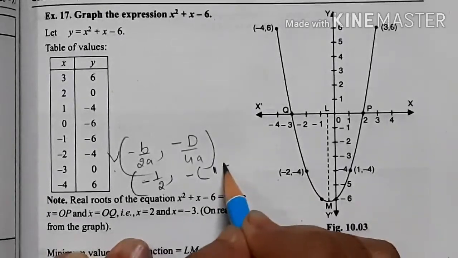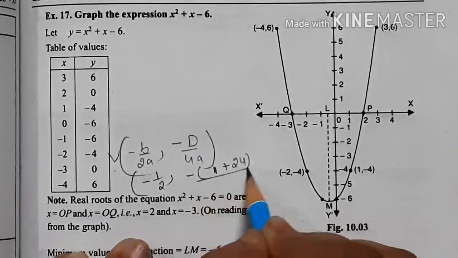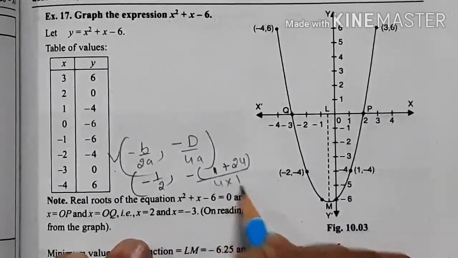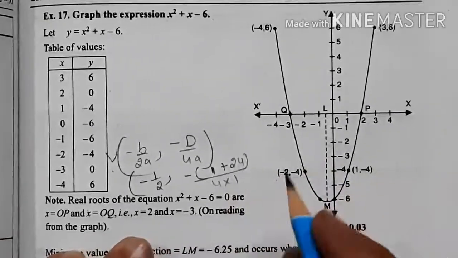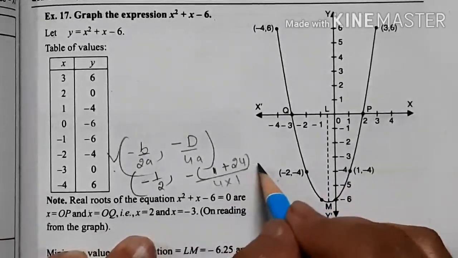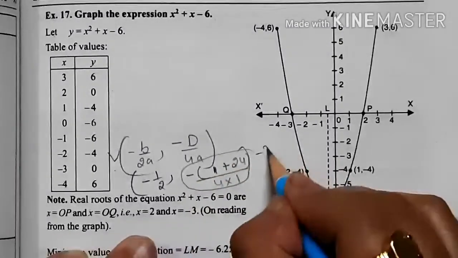So 4 sixes are 24, that is plus 24, so we get 25 by 4. That means your y part will be minus 25 by 4.